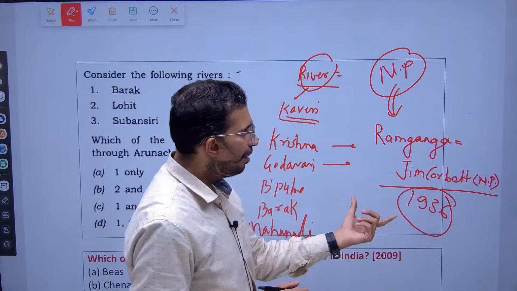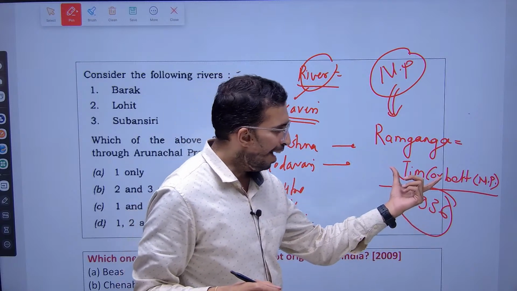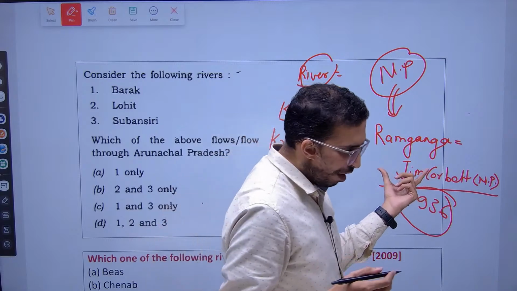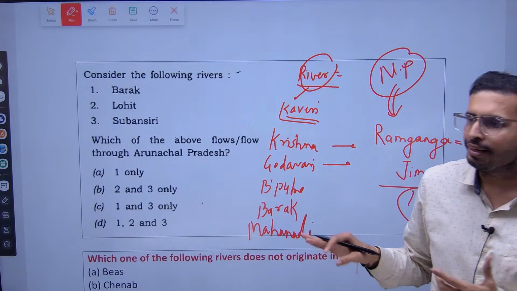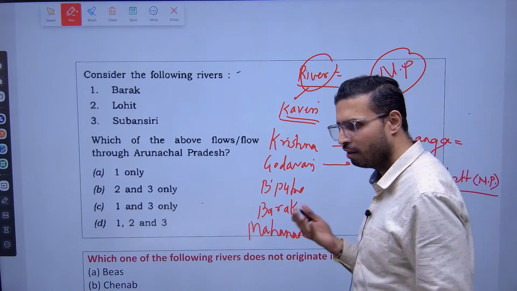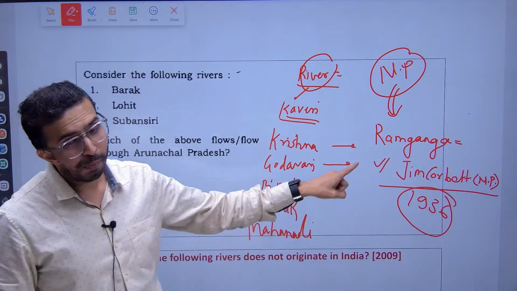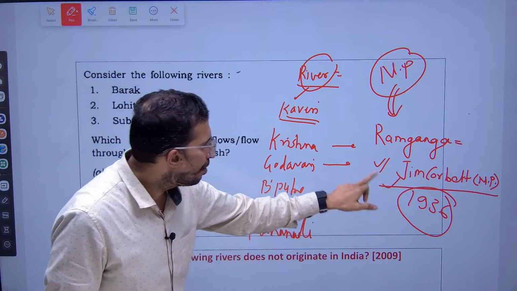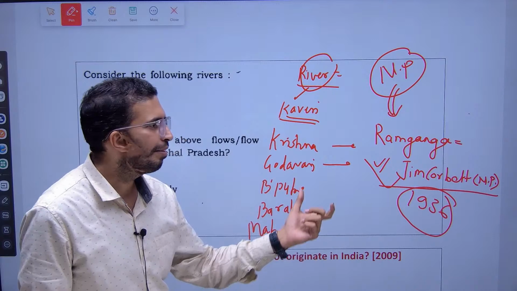Before independence, it was known as the Hailey National Park. And we can find the largest number of tigers in this tiger reserve, the Jim Corbett Tiger Reserve. It hosts the most tigers in the country.